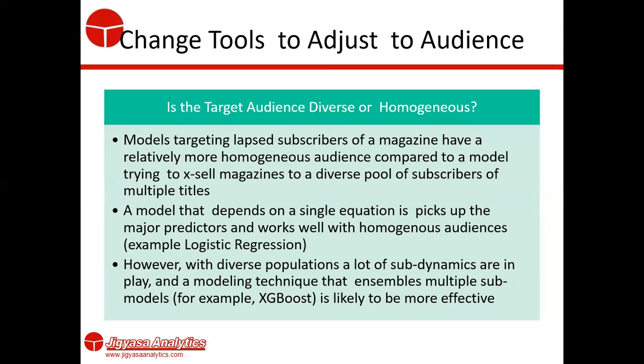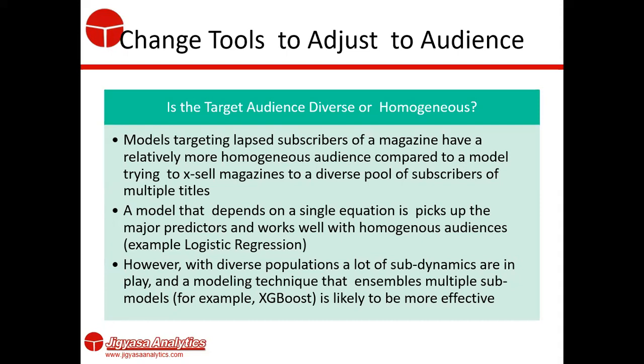So your audience is a little bit predefined and less heterogeneous than if you are trying to cross-sell to a pool of different magazine subscribers that include people who read sports titles, people who read car magazines, people who read food magazines, as well as women's titles, and you're trying to promote any title to them. So that's a lot more heterogeneous pool compared to your original pool for, say, a single title.